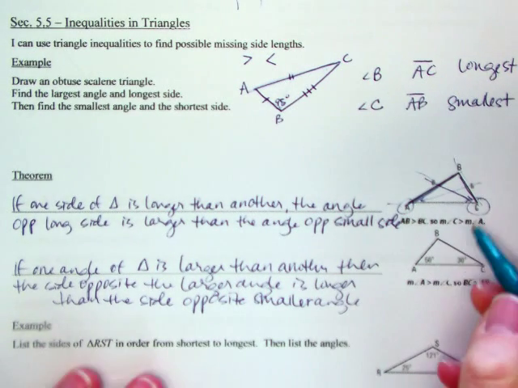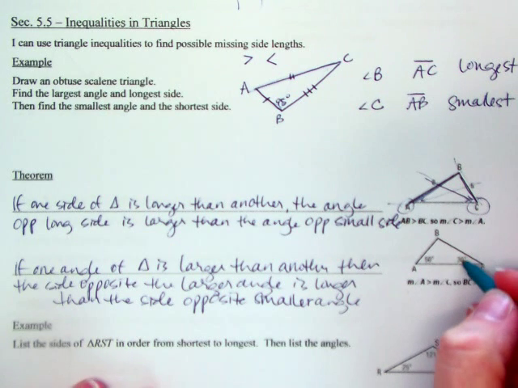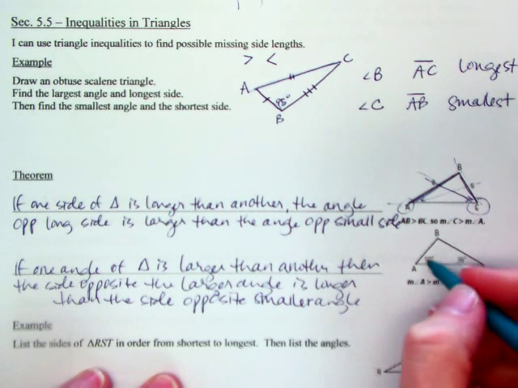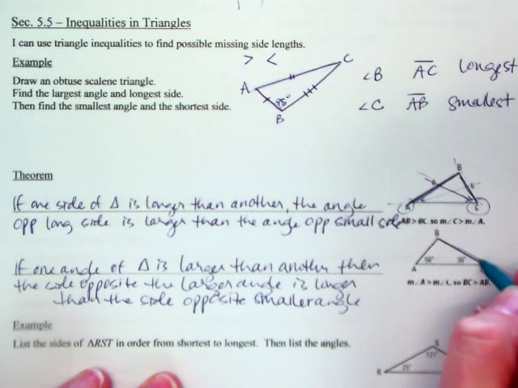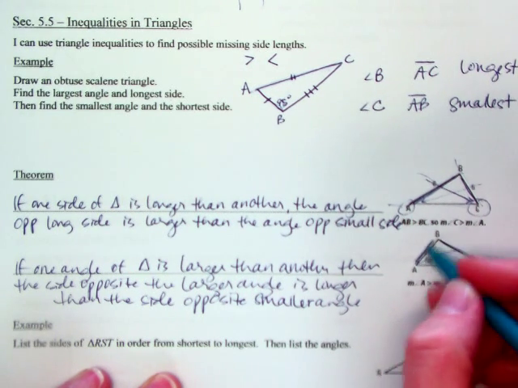So this is kind of saying reverse. If I know the angles instead, so if I know angle C is 30 degrees and angle A is 50, then that makes BC longer than AB. This is the longer side to the 30.